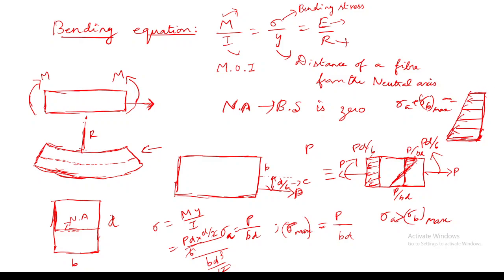Is it correct what I have drawn, when sigma A is greater than sigma B max? See, actually sigma A is fully tensile. If I draw a particular cross section, it will be like this: internal resisting force, right? Since I am having force like this, I have drawn the resisting stress like this.